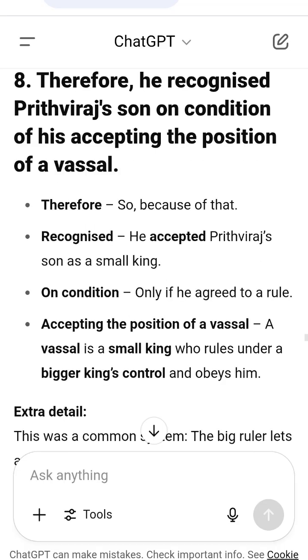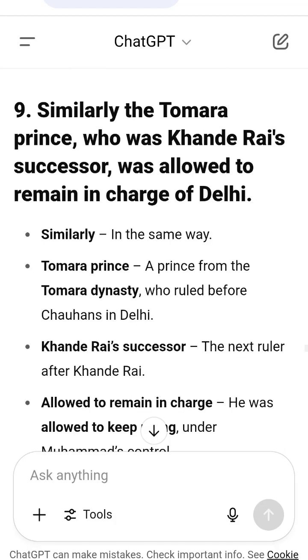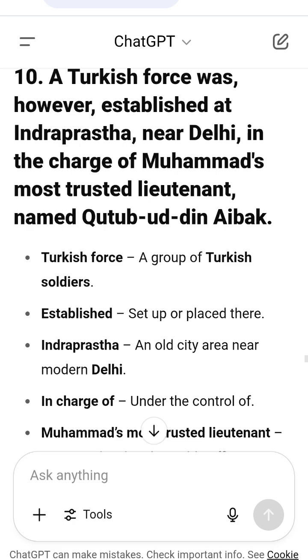He allowed Prithviraj's son to rule, but only as a vassal, a small king who accepted Muhammad's authority and had to obey him. Similarly, a Tomara prince in Delhi, who came after Kande Rai, was also allowed to remain in charge, but under Muhammad's rule. So, Muhammad began a system of indirect rule, keeping local rulers but making them submit to him.